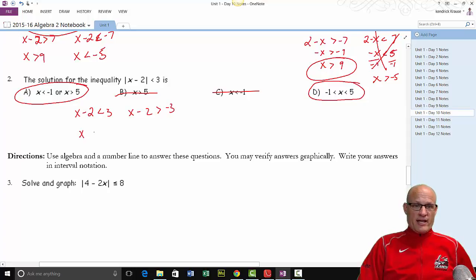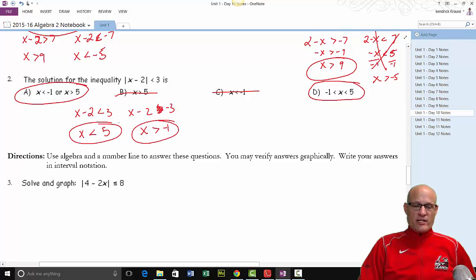Well, this one gives me x is less than 5. And this one gives me x is, oops, I forgot to switch the sign. Oh no, I switched it. X is less than 5, or x is greater than, I apologize, negative 1. So those are what I got.